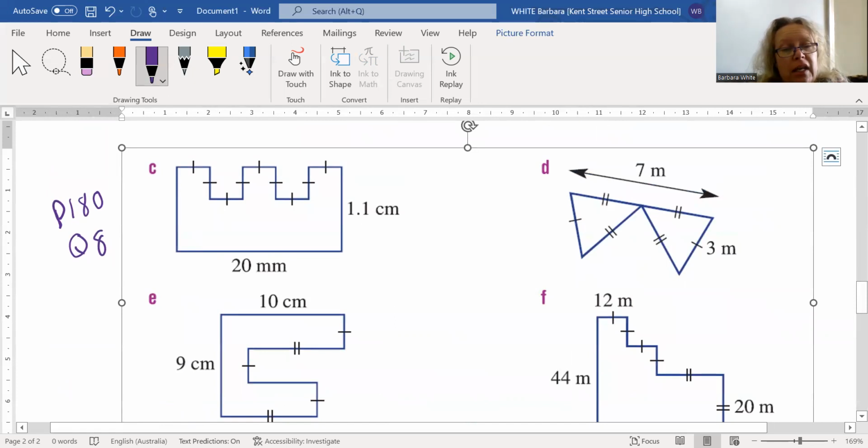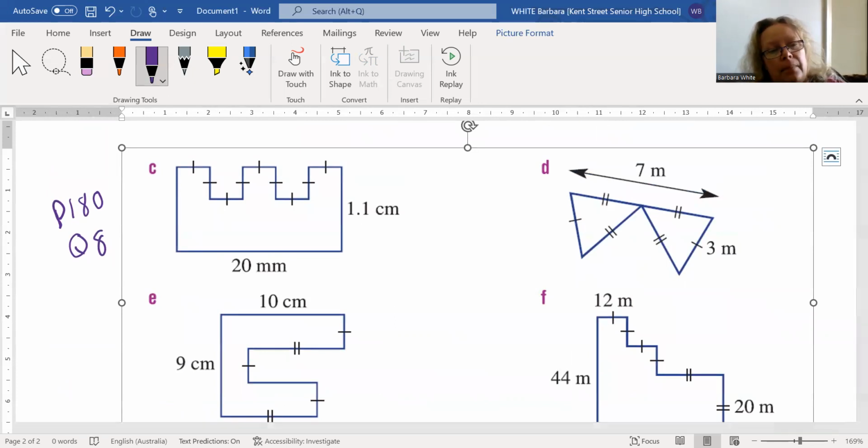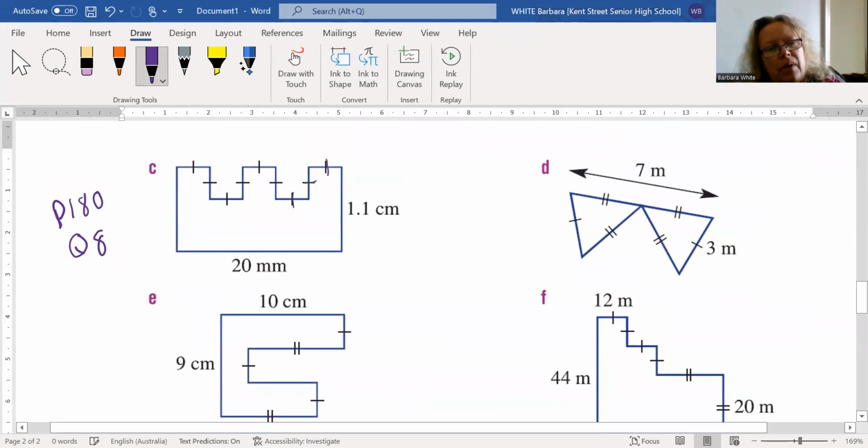Page 180, question 8. You don't know what number this is, but you know that 1, 2, 3, 4, 5 little lines across add up to 20 millimeters. So you can figure out that they're 4 millimeters each, or you can just go, this whole side is going to be 20 millimeters.